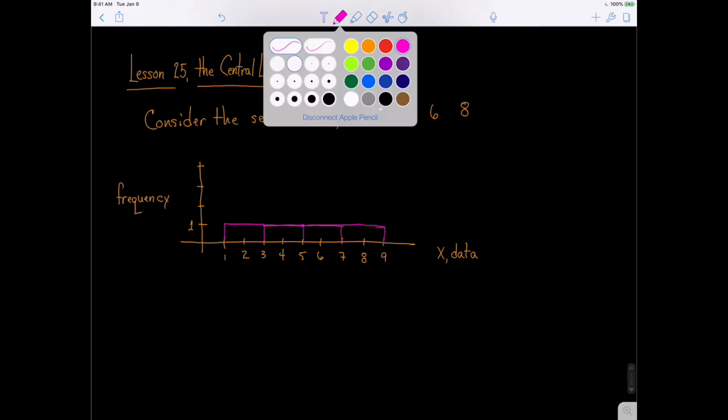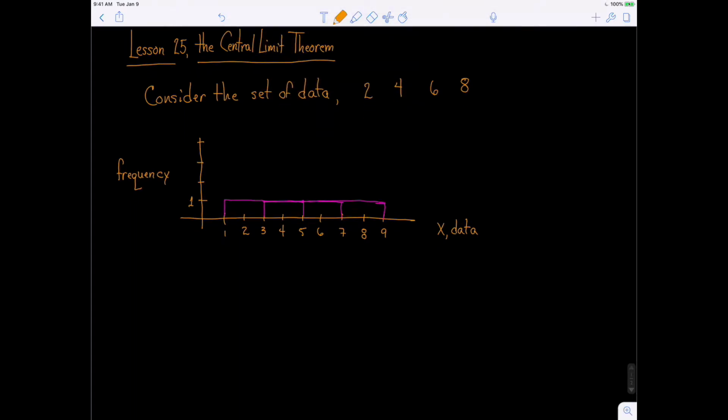Now, like most sets, and we've just learned about variance, we're going to find both the mean and the variance of the data. For this case, let the mean be mu.